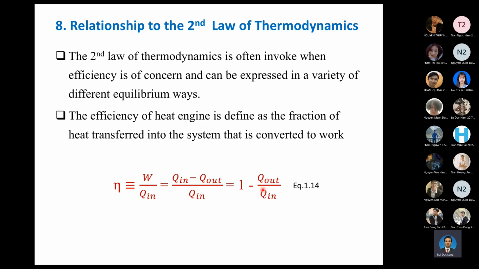So it equals 1 minus Q out divided by Q in. If Q out equals Q in, the efficiency is 100%, so you have the ideal system. So far we don't have any system that can achieve 100%. Normally this will be less than 100%, smaller than 1.